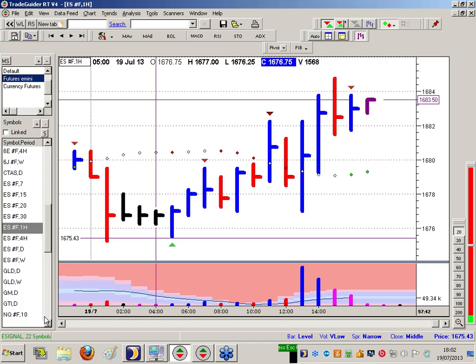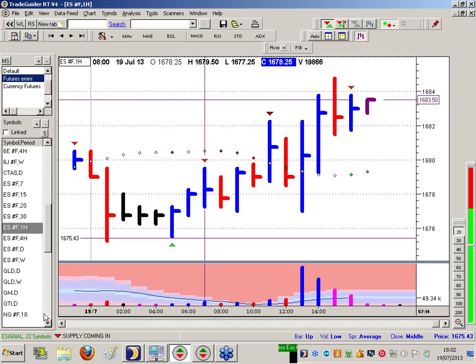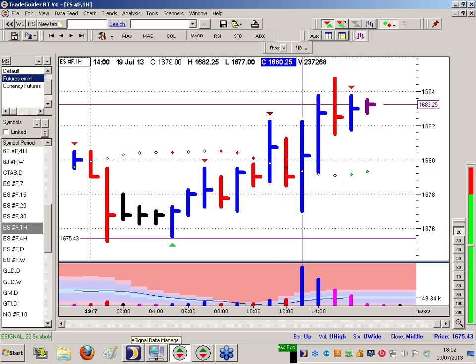Then when they were ready to move, they rammed it down, caught stops, put the fear of God into people on the wrong side of the market, and then took it up. But here there is definitely high volume, so there was definitely a bout of buying and selling going on here.